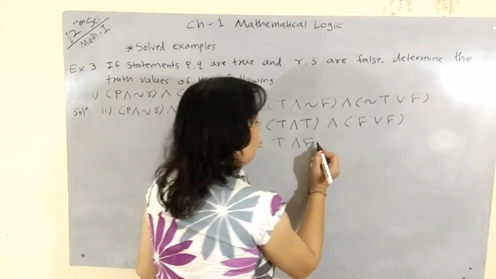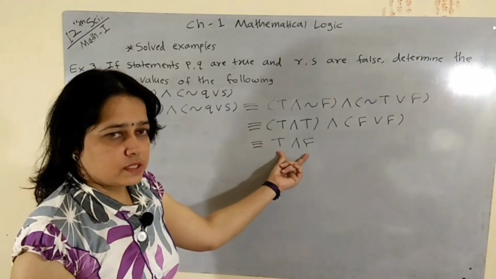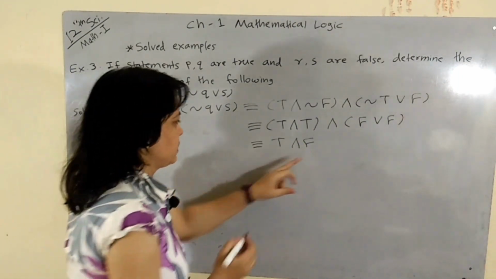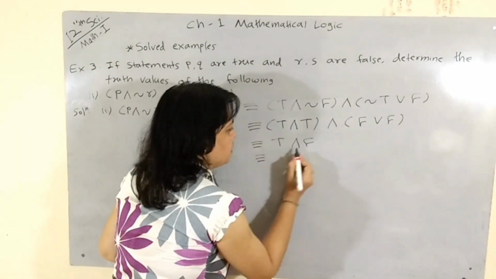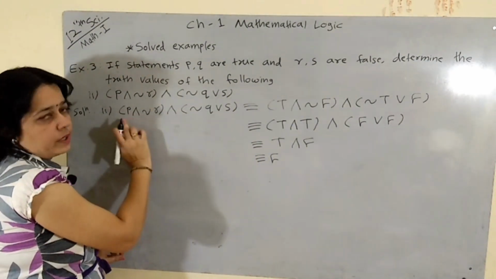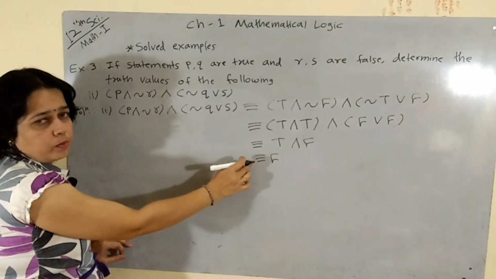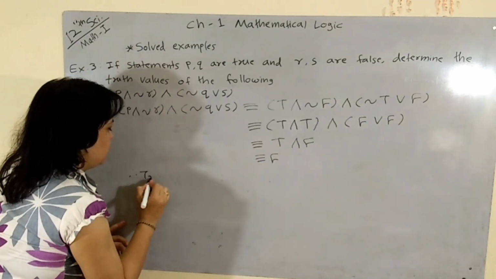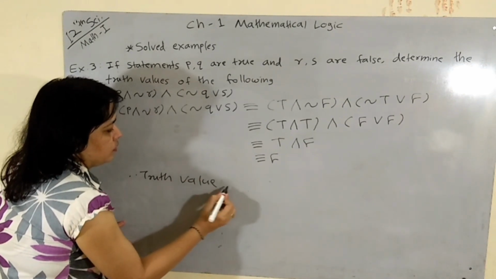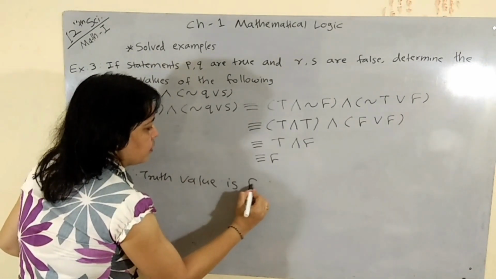So it is false. And for conjunction, if both are true, then it is true, otherwise it is false. So its truth value is false. So the truth value of given statement is false.